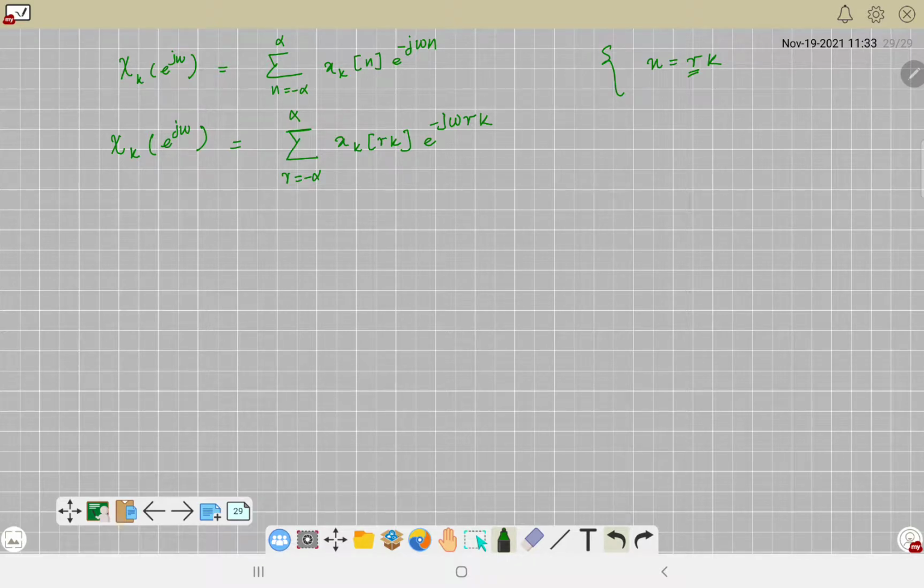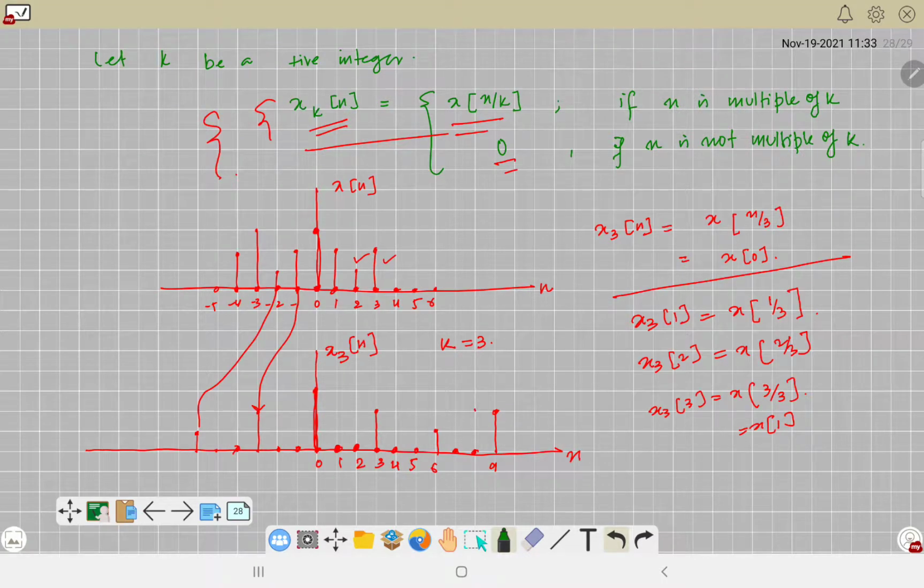So you can make a substitution here directly. So r runs from minus infinity to plus infinity, and when this is true, the value of the signal at this time is x[r]. Again, you can go to this example.